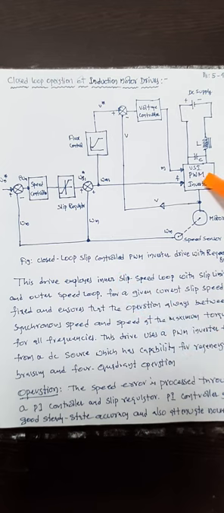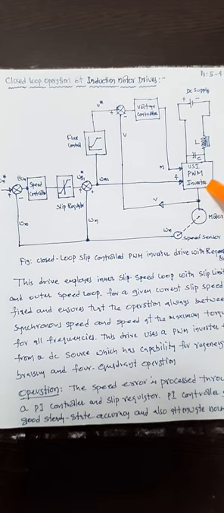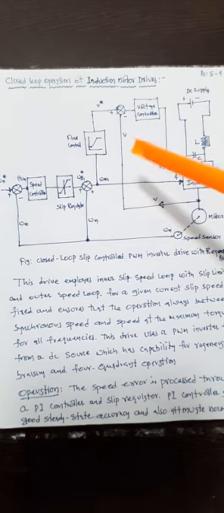This drive uses a PWM inverter fed from a DC source, which is capable of regenerative braking as well as for four quadrant operation. So you see here, the operation point of view.